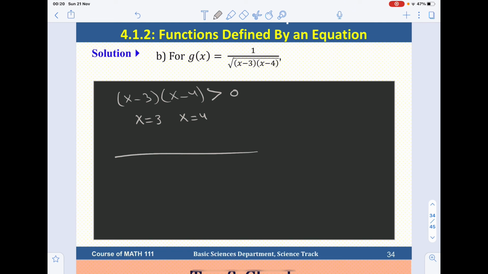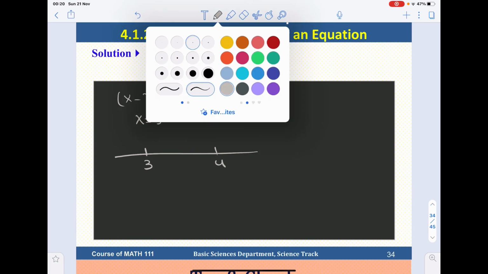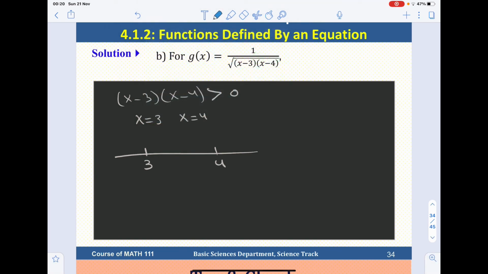So on the number line, at 3 and 4, we're going to check the sign of the intervals. So we're going to pick a number in between those zeros or roots. I'm going to pick here 3.5, and here I will pick 5, and here I will pick negative 5.